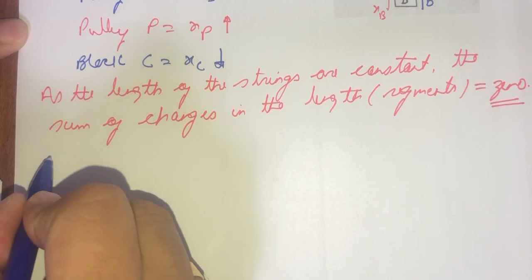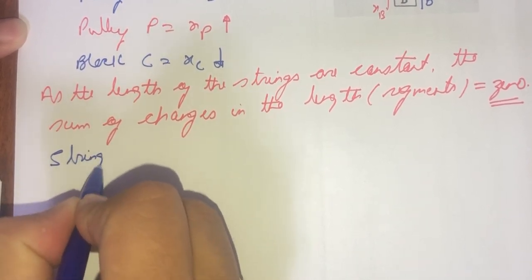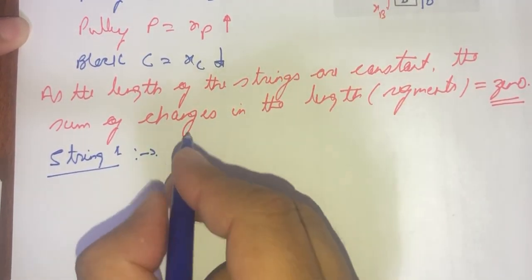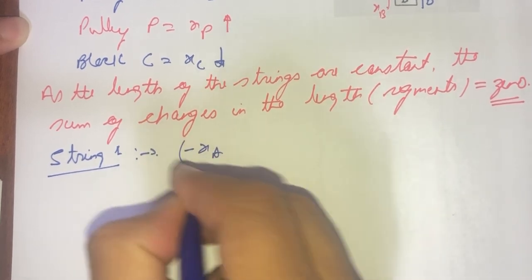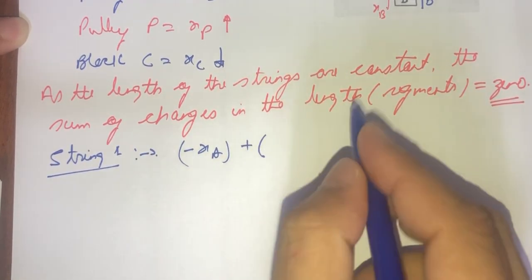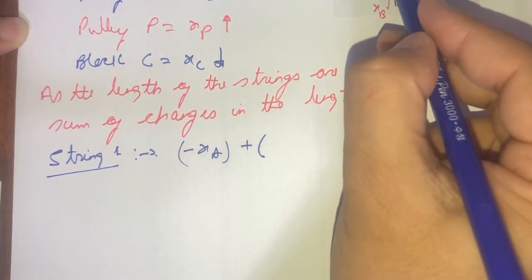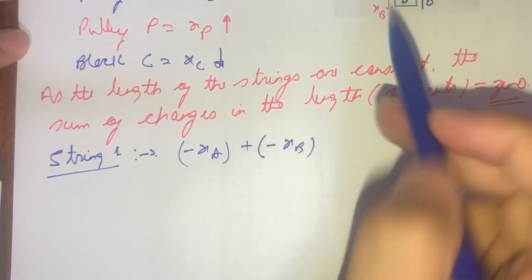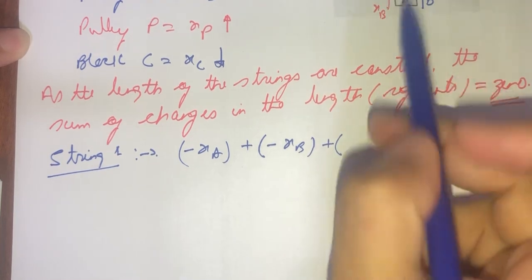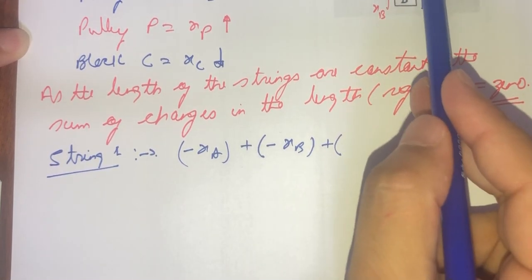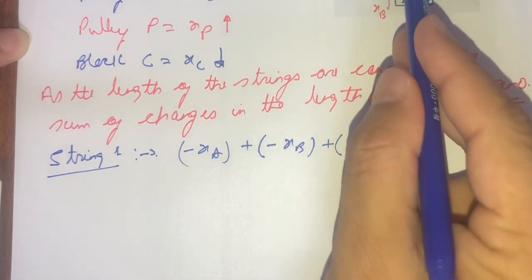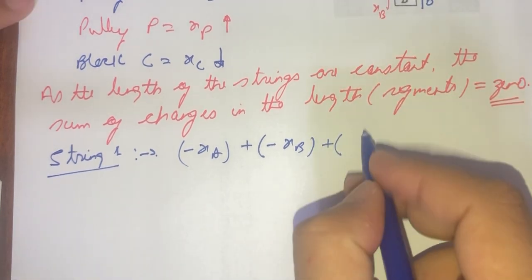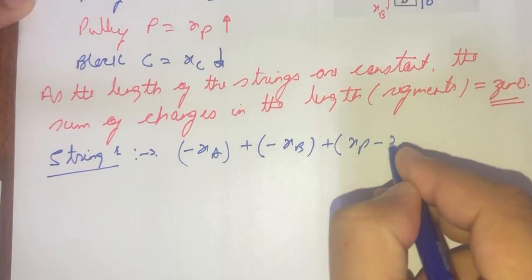So for string 1 the equation is: it is moving in upward direction, let us take it as negative, minus XA, plus minus XP, and plus the slack due to XP on the left side of the pulley, which will be XP minus XB.